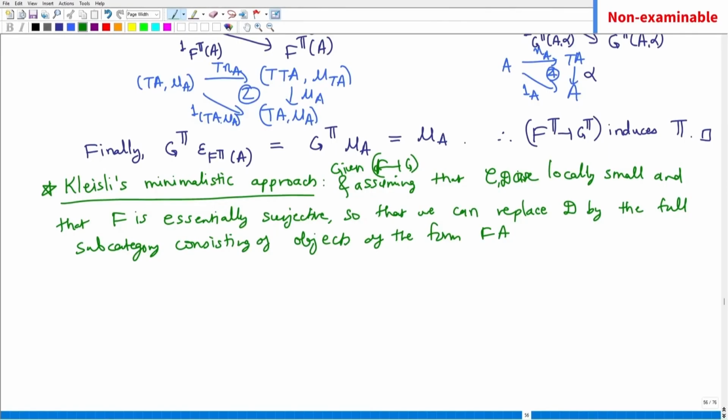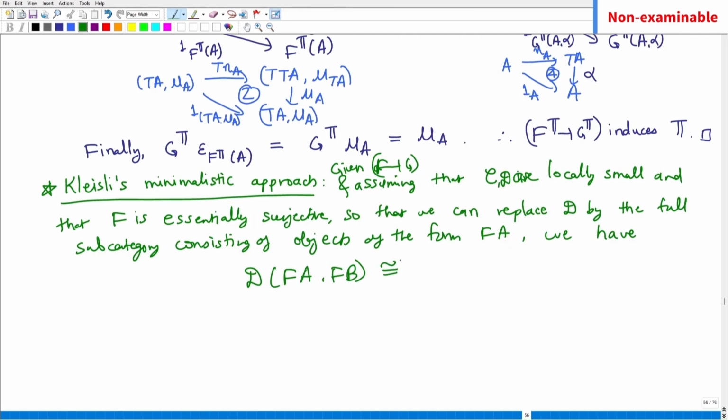It was just an observation which led to this entire construction. We have D, Fa, Fb. Every object looks like this, Fa, Fb, and we are given an adjunction. So what does that adjunction say?